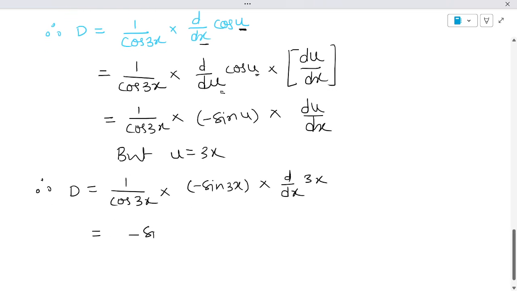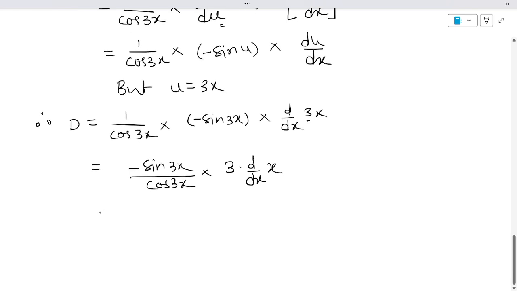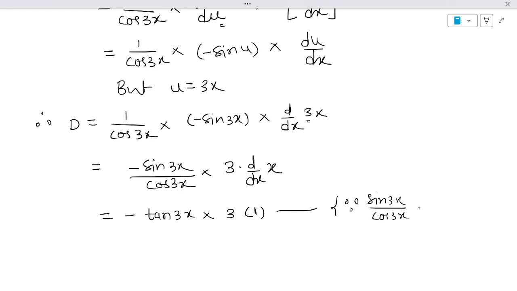Now this is minus of sin 3x upon cos 3x into derivative, में ये 3x में 3 constant है तो derivative के बाहर चले जाएगा, we have derivative of x, so it is equal to minus sin 3x upon cos 3x हो जाएगा tan 3x into this is 3 and derivative of x is 1, since sin 3x upon cos 3x is nothing but tan 3x.